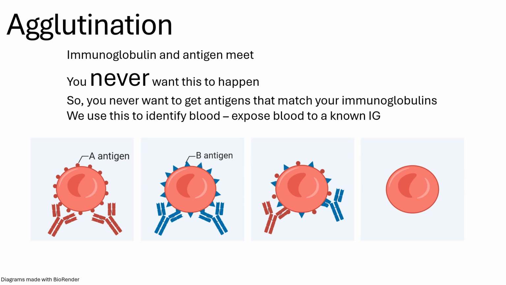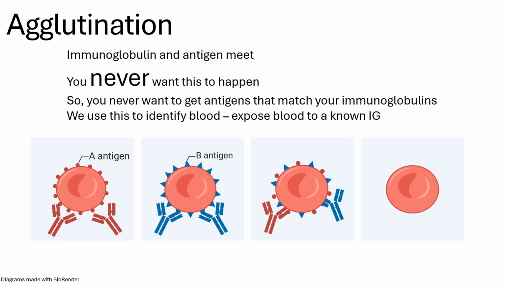I can intentionally expose a patient's blood to different antibodies. If you're blood type A, I could expose you to the type A antibodies, and I might see agglutination, which would tell me that you have the A antigen.